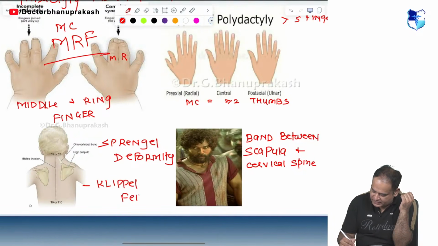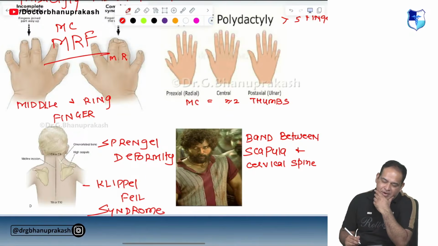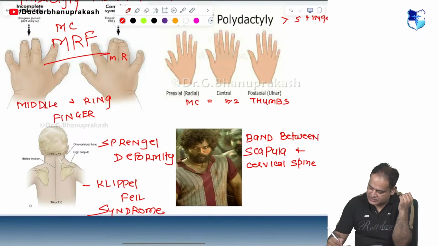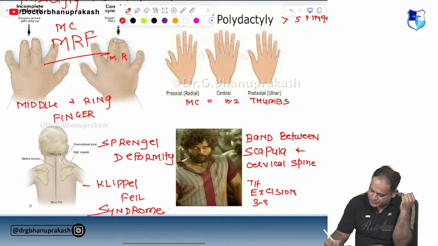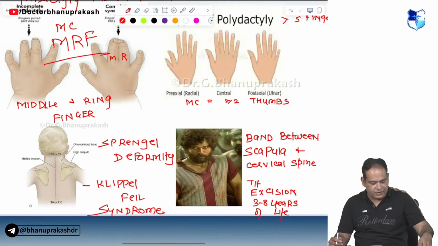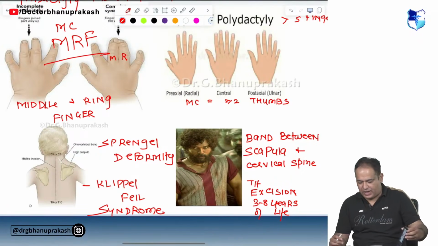Now this is seen in Klippel-Feil syndrome. Treatment is to cut the band, excision, between 3 to 8 years of life. 3 to 8 years of life.